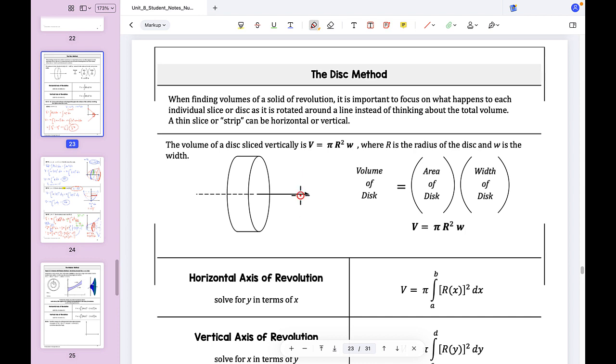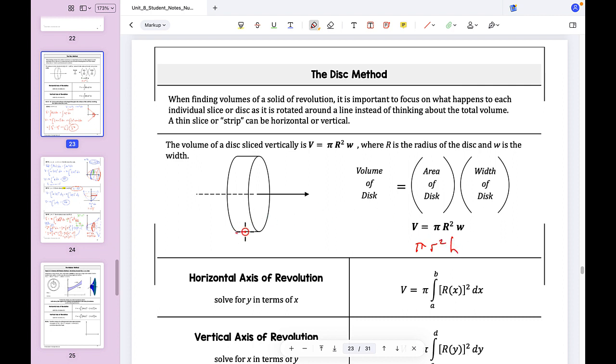Okay, so in the previous video, we looked at the disk method, which is a method of finding the volume of a shape that has been revolved around an axis. And if you remember, we did that by adding together the volume of disks, which are actually cylinders, and we had infinitely many. So if you remember, the volume of a cylinder is pi r squared h.